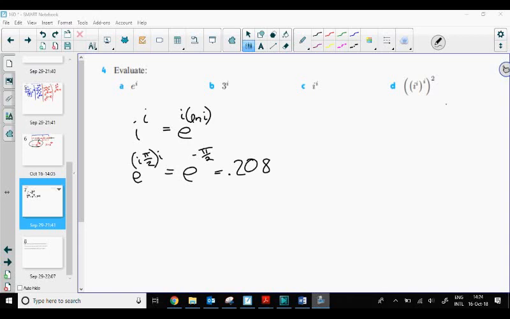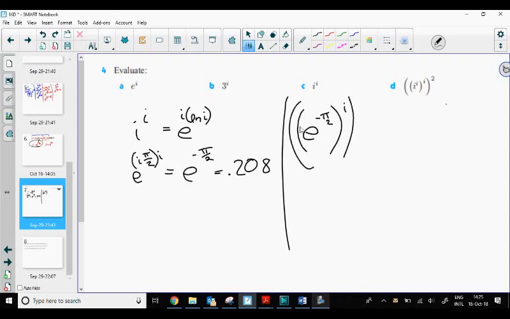As for letter D, this is just going to expand upon that. So rather than seeing i to the i squared, let's rewrite that as e to the negative pi over 2, to the i squared. And if we bring in that i, then we'll have e to the i times negative pi over 2, squared.